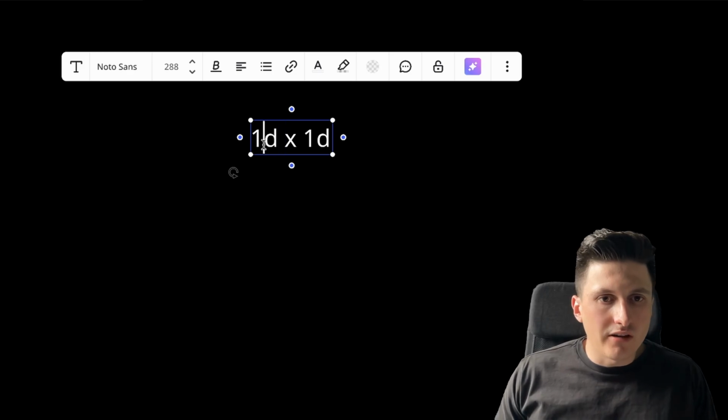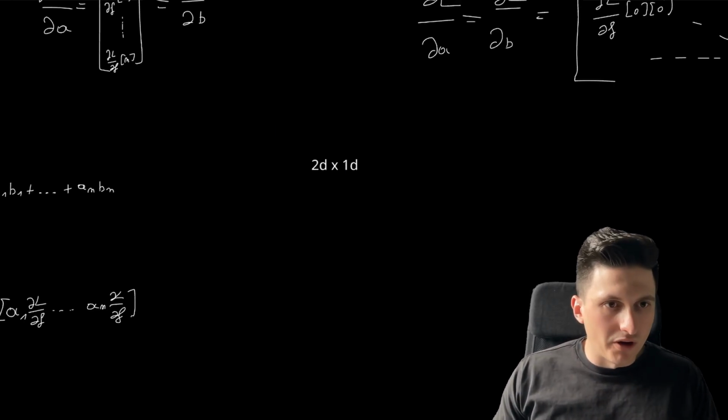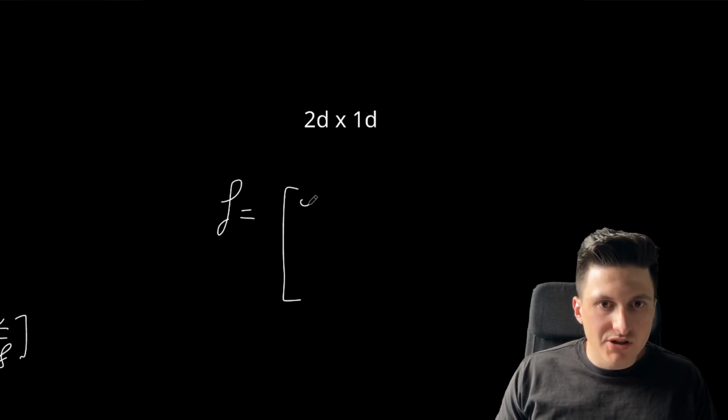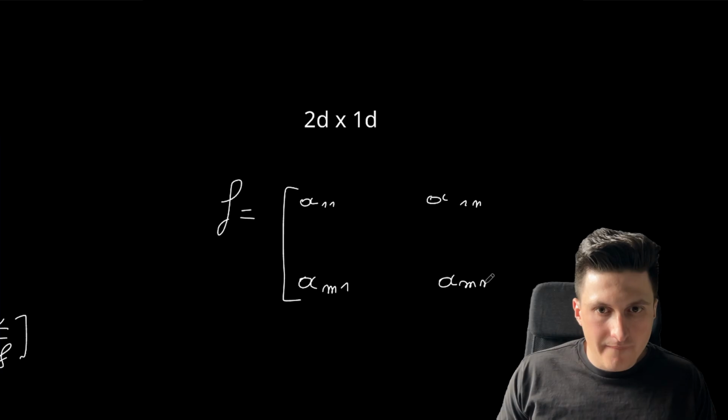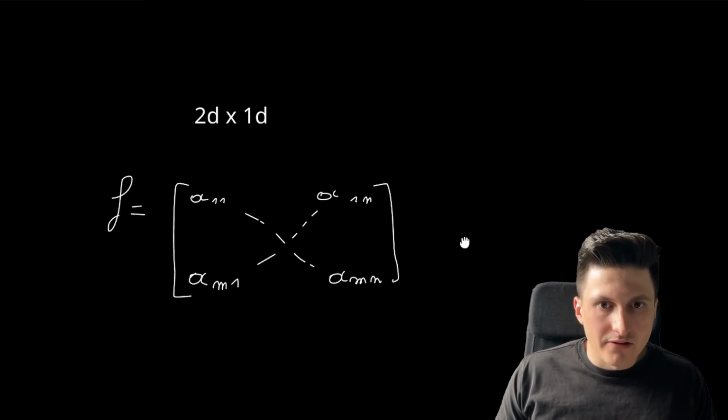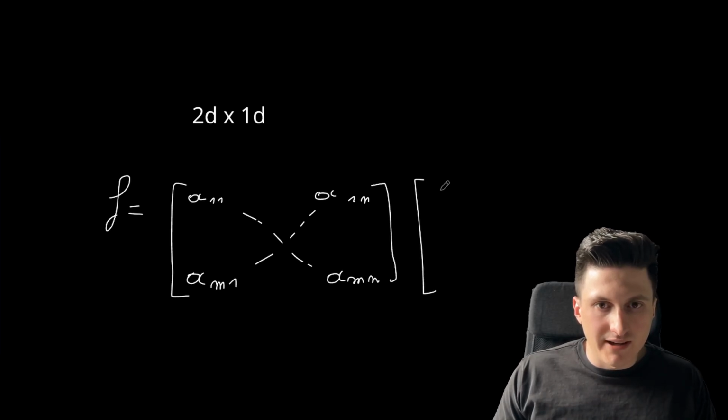Okay, let's now take a look at the 2D times 1D case, as this is once again a bit more interesting. So F will be the multiplication of a 2D tensor, and we are going to multiply it with a single tensor.